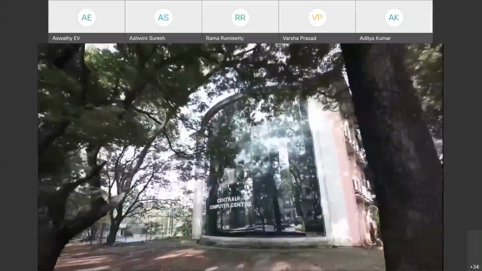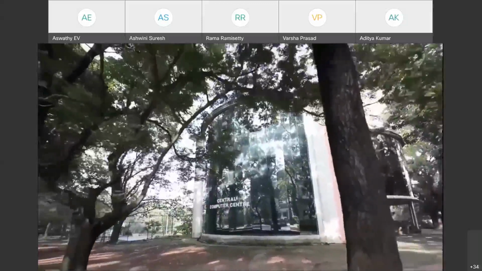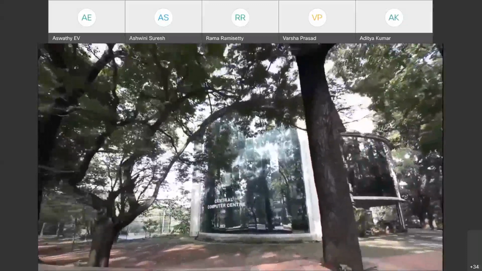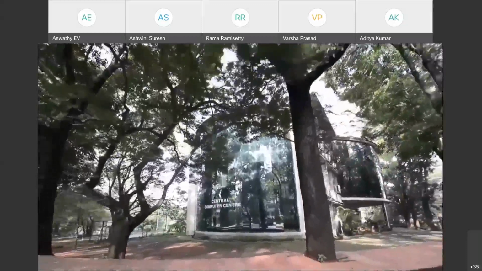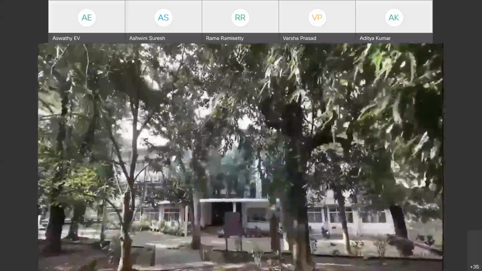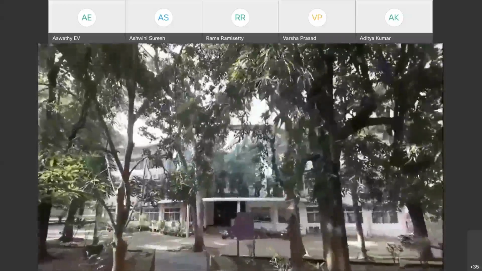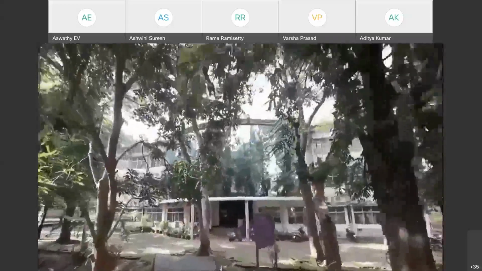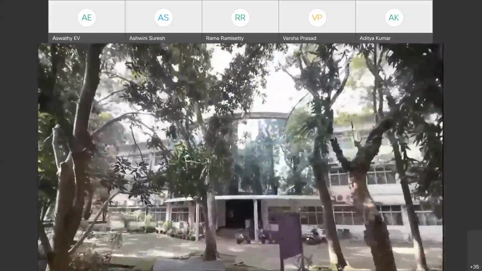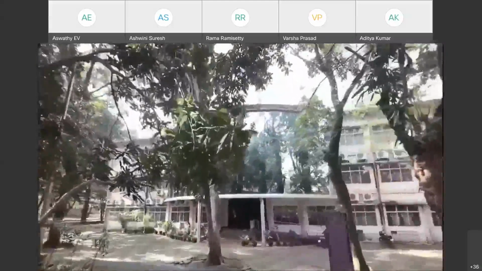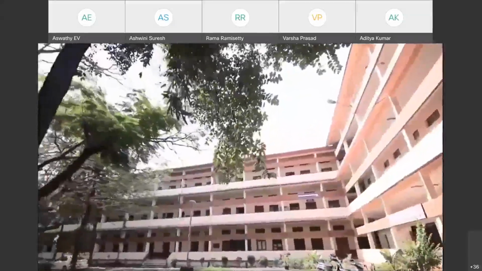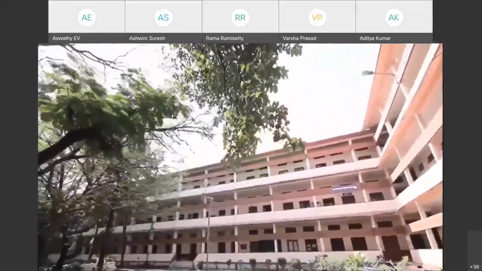The Central Computer Center has around 400 servers and workstations. The Central Computer Center also have a high performance cluster which is capable of 25 teraflop computing. All the major departments are arranged in this quadrilateral.